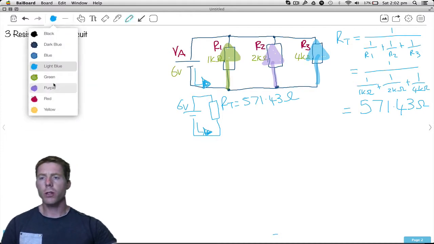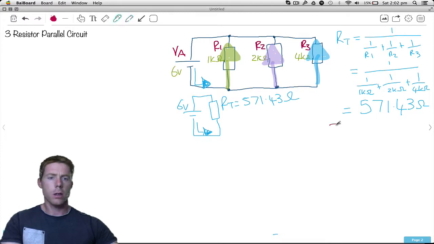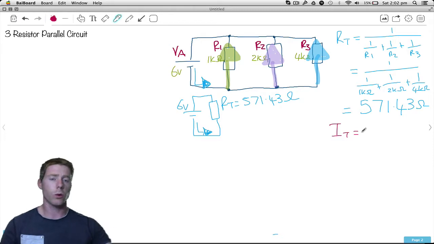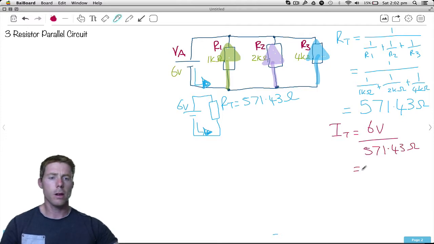But how much current do we have in total? Let's go red. Well, to do that we need IT. Let's go back to a proper pen. Now that we've got the total resistance, we can work out total current. We need the total voltage, which is 6 volts, divided by total resistance, which is 571.43 ohms.